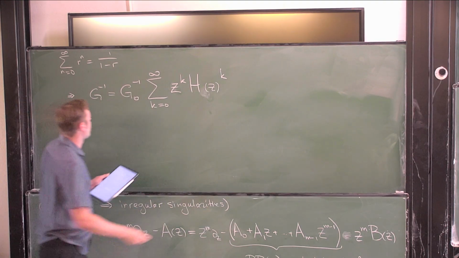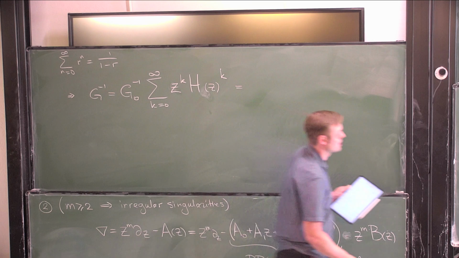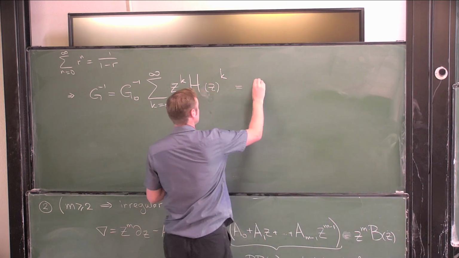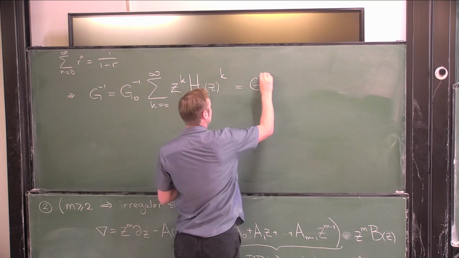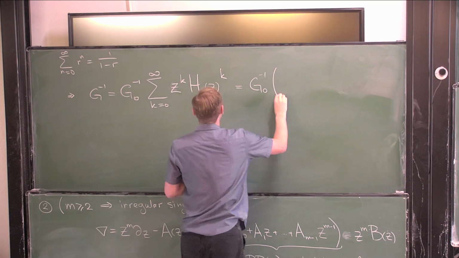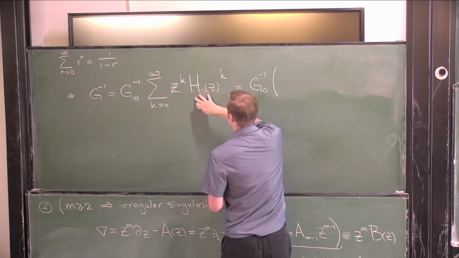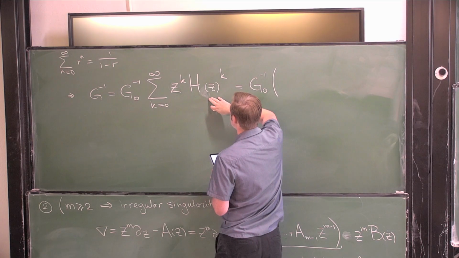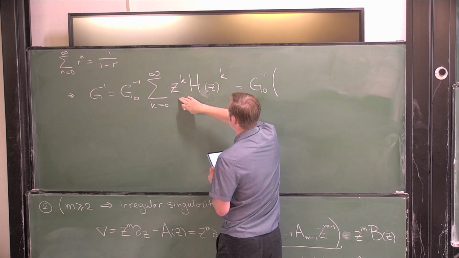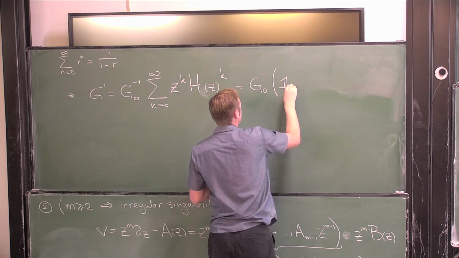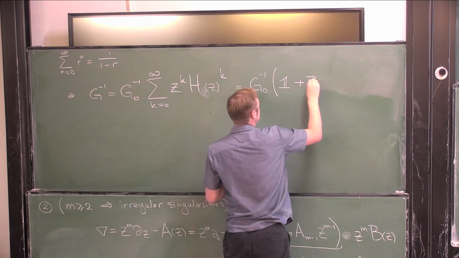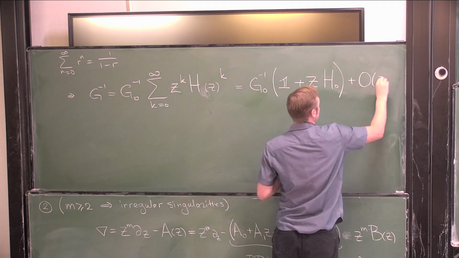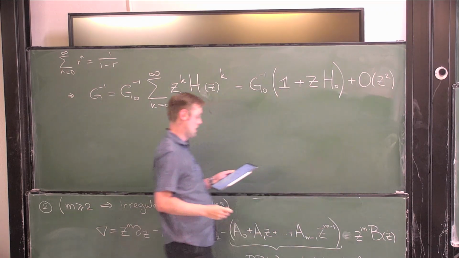Again, I only care about order at most 1, so I only need this huge series up to the order of Z. What I get is Z H0, and then there's other stuff that I no longer care about.